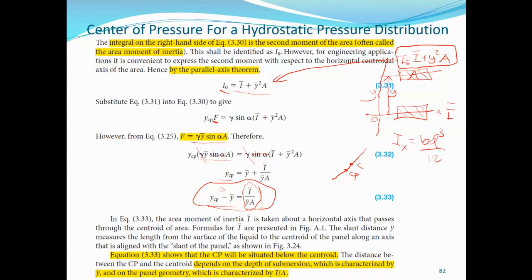In this equation, the area moment of inertia is taken about a horizontal axis that passes through the centroid of the area. And you have the formulas for the moment of inertia presented in figure A.1. This is for a rectangle, for a triangle, for different shapes.